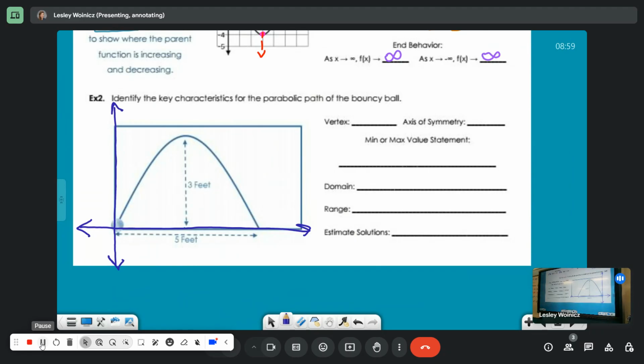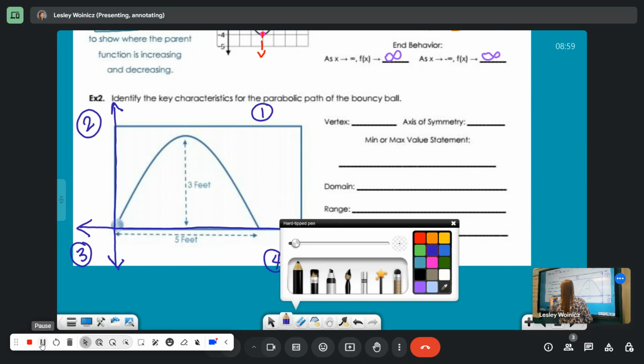Everybody see it? Now my entire graph is in quadrant 1. Here's quadrant 1. Here's quadrant 2. Here's quadrant 3. Here's quadrant 4. Okay, so what are the coordinates of this point where my ball is starting to bounce?